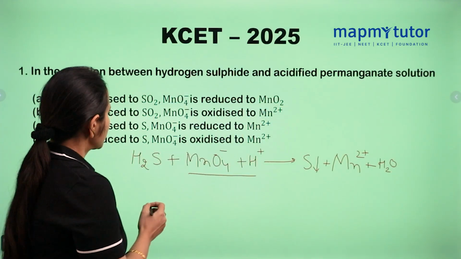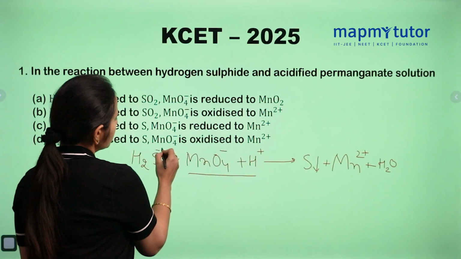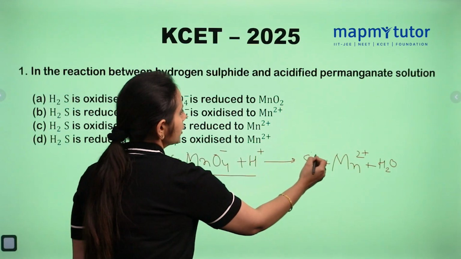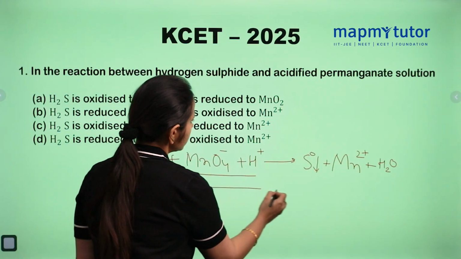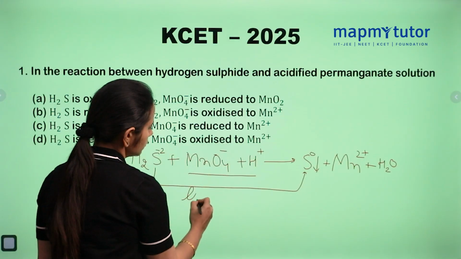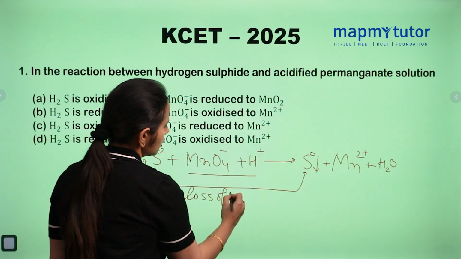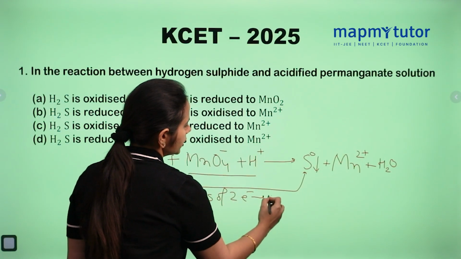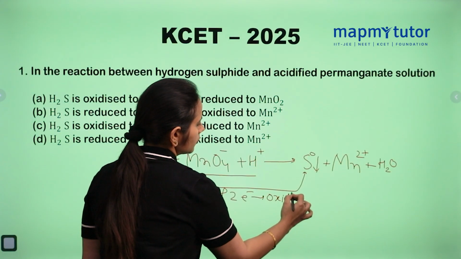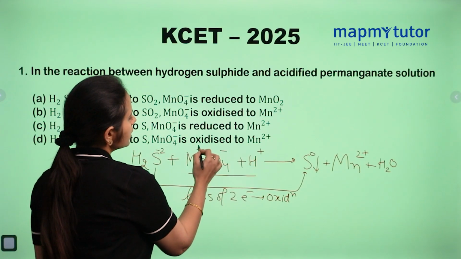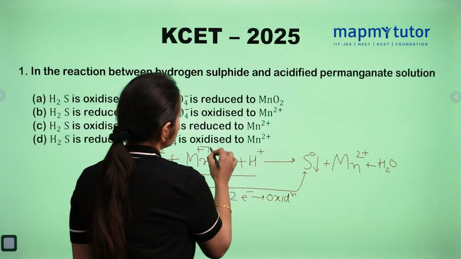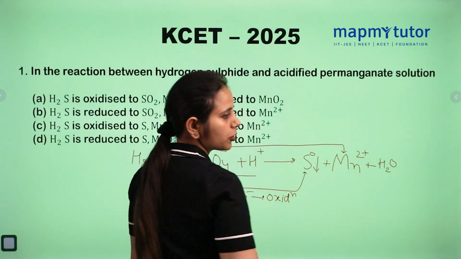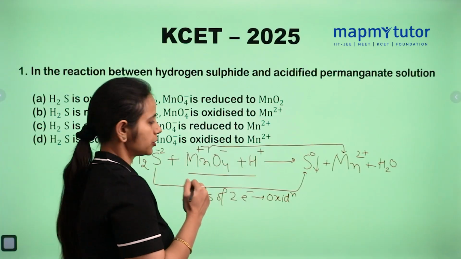So you can see here sulfur in the -2 oxidation state is moving to sulfur in the 0 oxidation state, that is loss of 2 electrons. Loss of electron means oxidation. And manganese in the +7 oxidation state is turning into manganese in the +2 oxidation state by gaining 5 electrons, that is reduction.